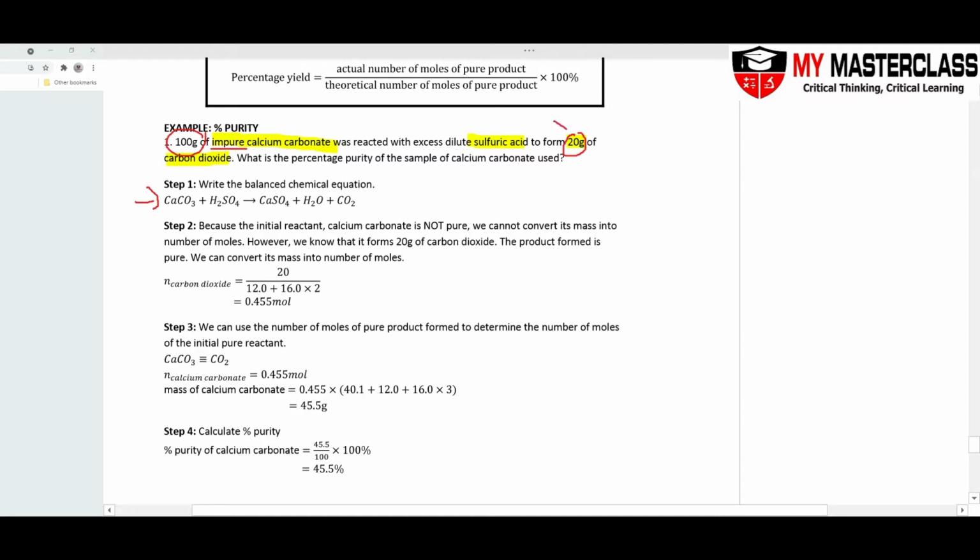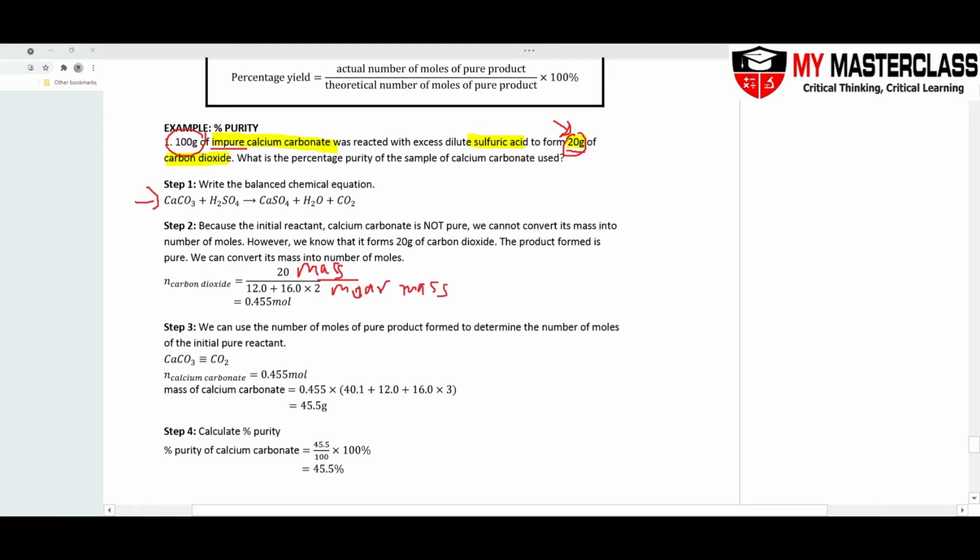Now you have these 20 grams of carbon dioxide, and this is the amount of carbon dioxide that's formed. The amount of carbon dioxide formed will be pure. So use these 20 grams to do your mass over molar mass. This is your molar mass of carbon dioxide.